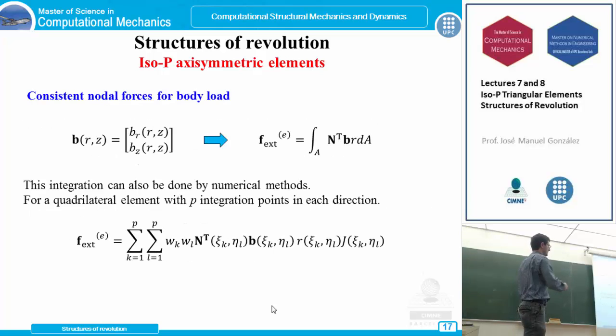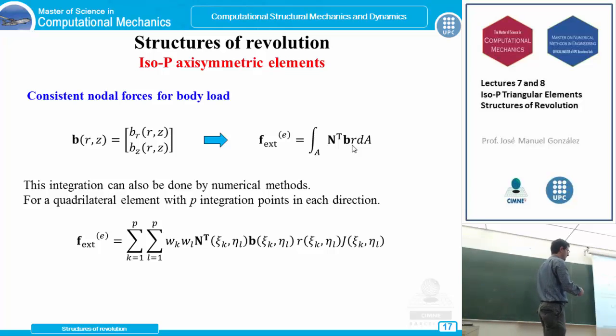This is for the stiffness matrix, and the consistent nodal vector for forces, in the case of the body load, for the body forces, is calculated in this way. So we use the same expression. Now we have the shape function matrix, this body force, and this r, which is again the radial component of the point.